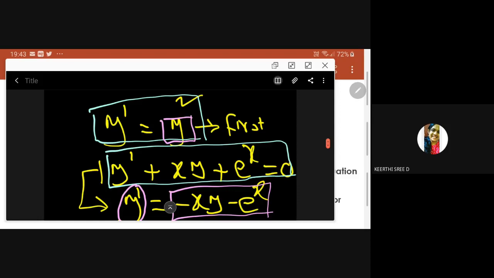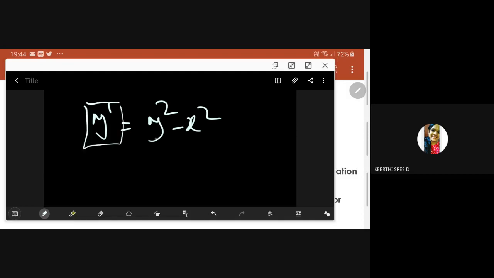If I write y dash is equal to y square minus x square, this is our differential equation. What is first order? Remember, this is the first order derivative. This is y into y minus x into x, so clearly it is non-linear.